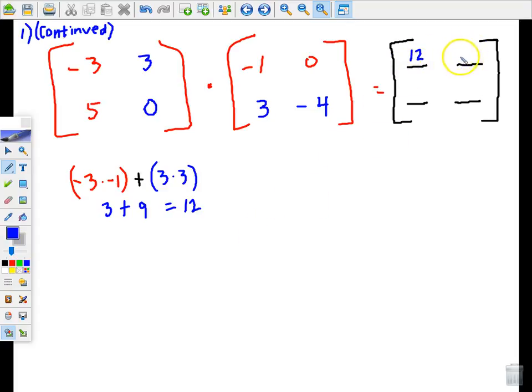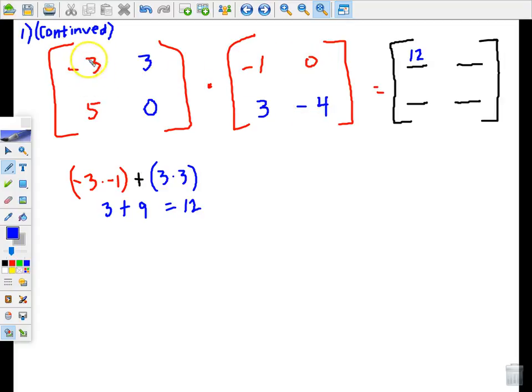Okay, let's move over to the right, and we'll work on the number in row 1, column 2. So in my answer, this represents row 1, column 2. Let's use row 1 times column 2. Once again, just match them up by colors.